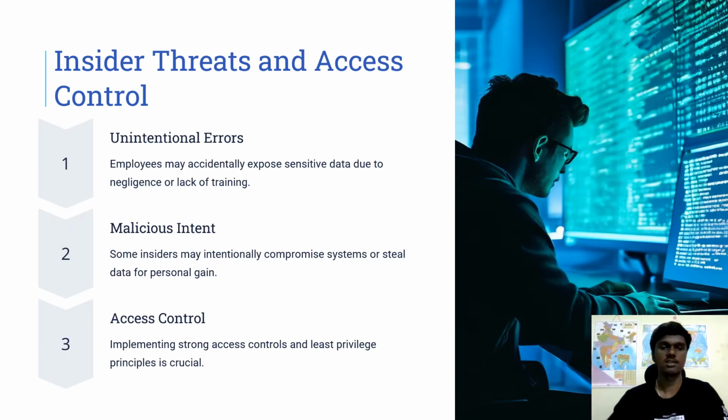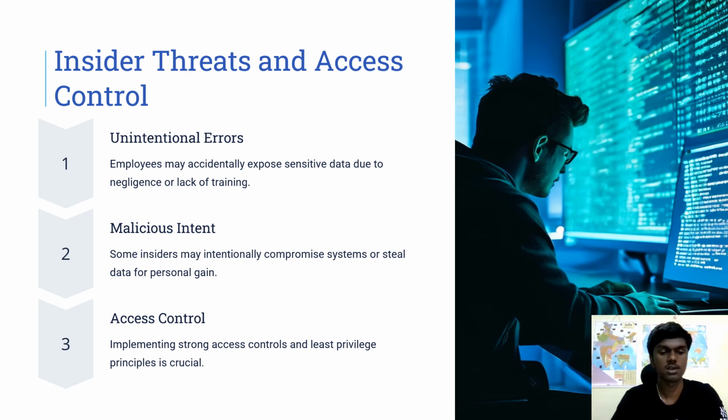Then we have insider threats and access control. Unintentional errors: employees may accidentally expose sensitive data due to negligence or lack of training. Then malicious intent: some insiders may intentionally compromise systems or steal data for personal gain. This is one of those things where they can use your data.